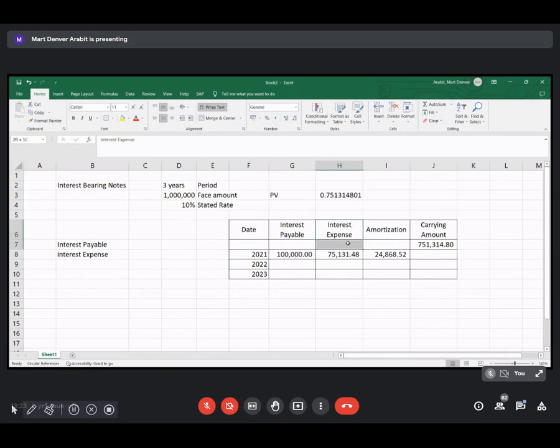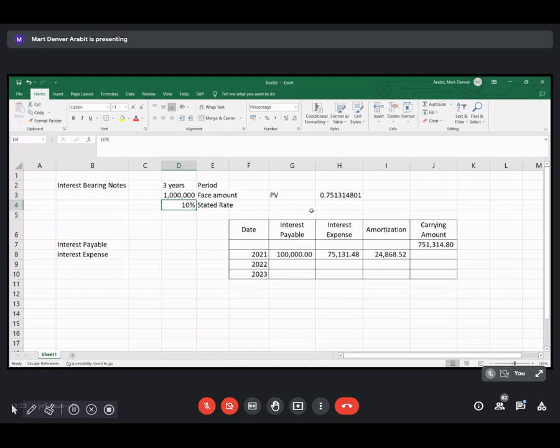Like this one in our computation, based on its present value multiplied by the effective rate, which in this example is the same as the stated rate, this is its interest expense. And this is the interest payable based on the face amount with a 10% stated rate. So, did you get the difference between them?